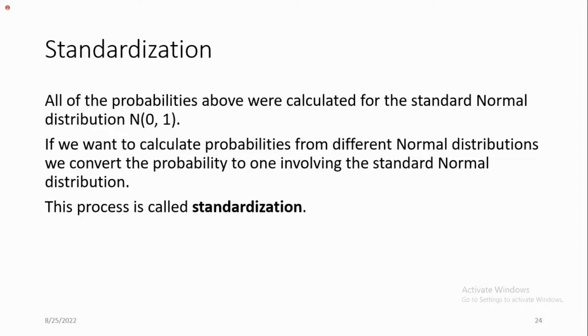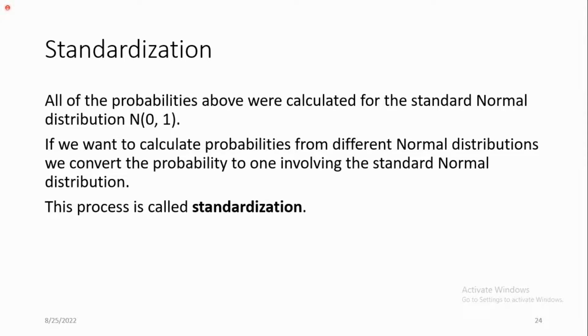Now, let's discuss our topic, standardization. All of the probabilities above, that means previously, were calculated for the standard normal distribution only, N(0, 1). You may have noticed that in the standard normal distribution, the mean is always 0 and variance is 1. They cannot be changed.